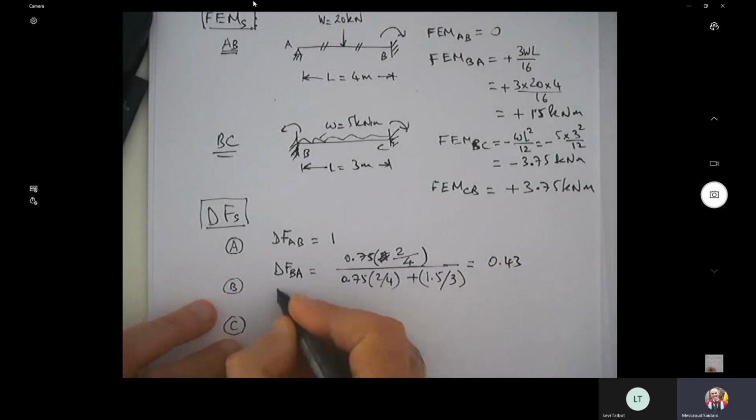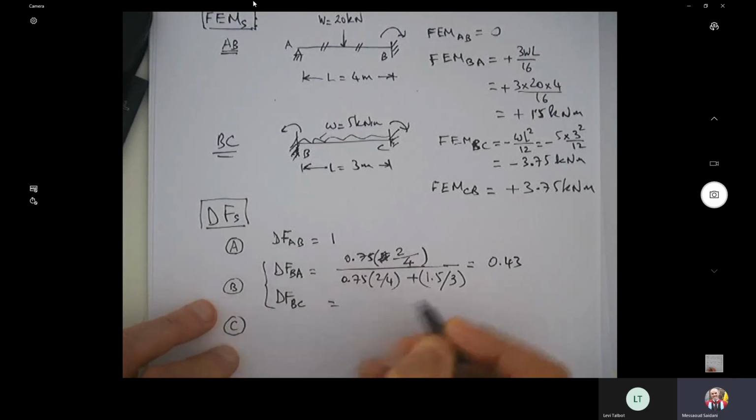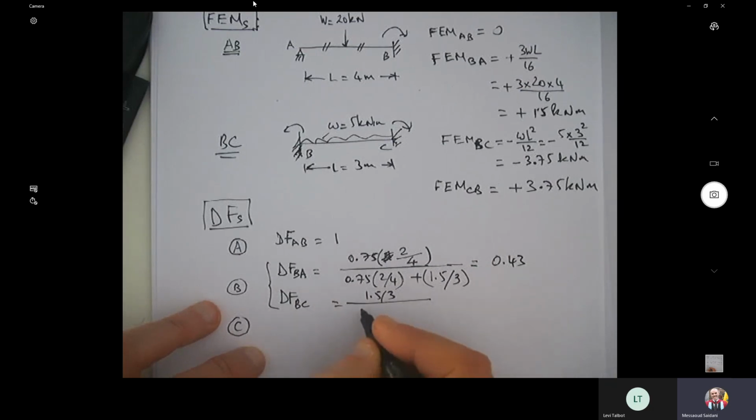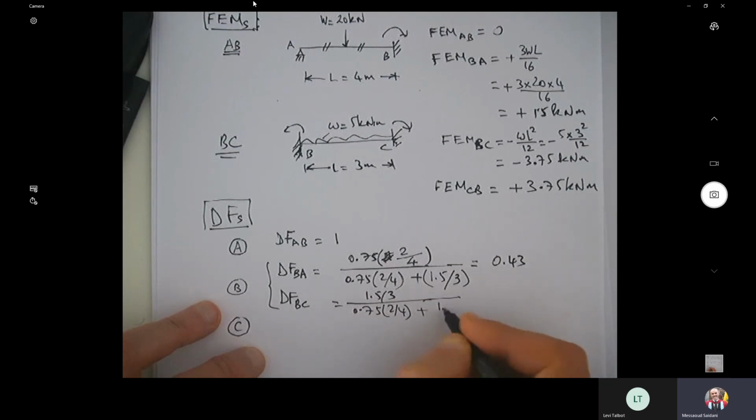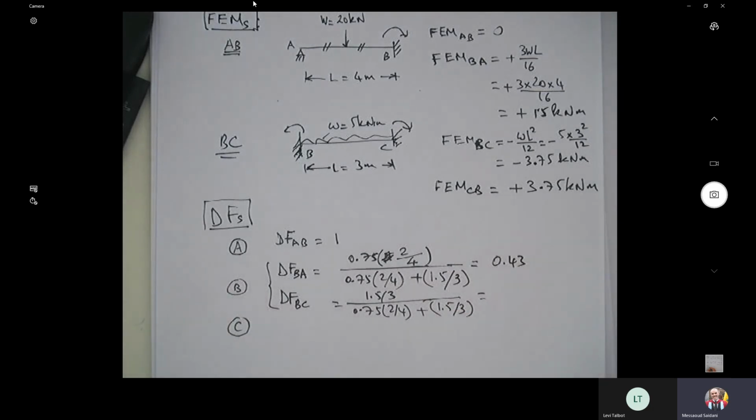And then for BC, we have the stiffness of BC, which is 1.5 over 3, divided by 0.75 times 2 over 4, and 1.5 over 3. And hopefully that should give us 0.57, I hope.